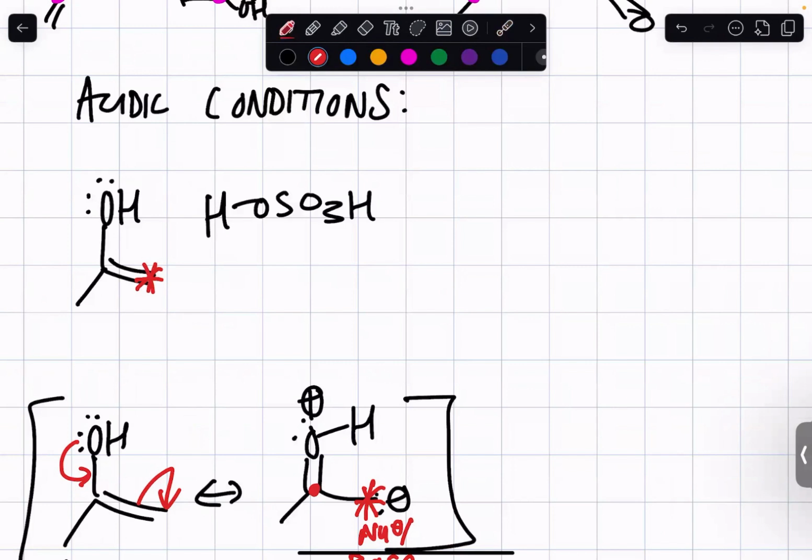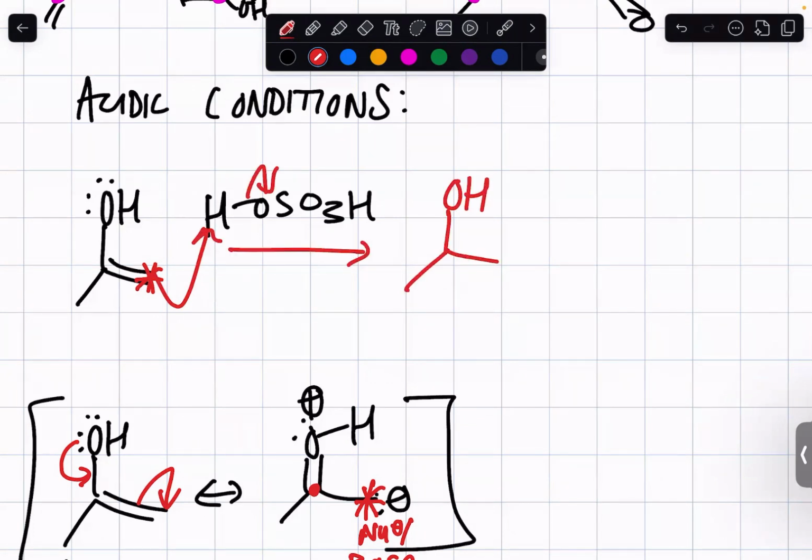So we can form a carbocation, right? By directly attacking the hydrogen like that, kicking out an HSO4 minus to get this cation right here, right? But that can be resonance stabilized by this alcohol oxygen right here, which is going to create this carbonyl with a positive charge on oxygen.